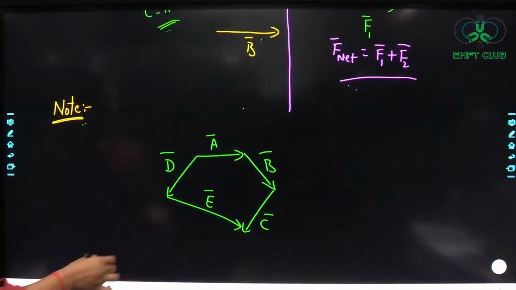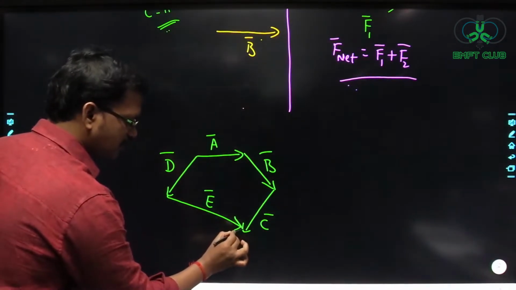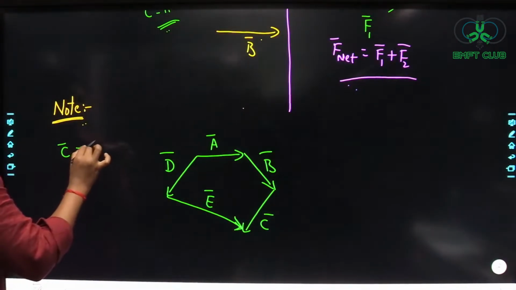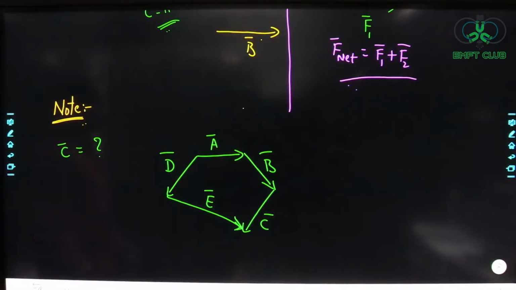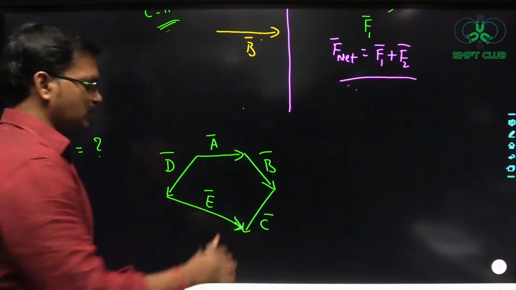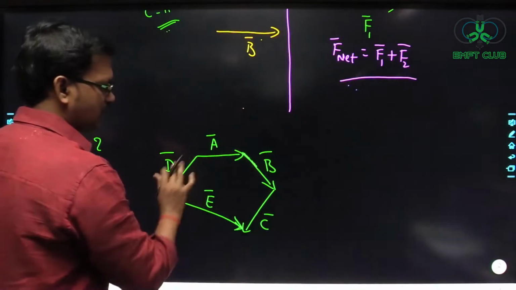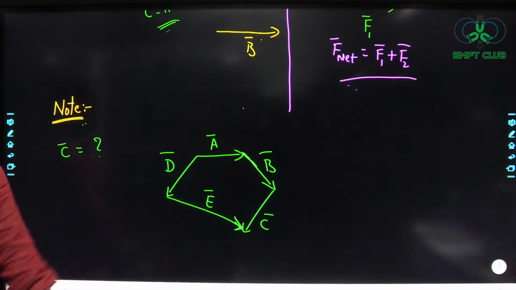If they ask us to determine the expression for C bar, here you have multiple vectors like this, yes or no?